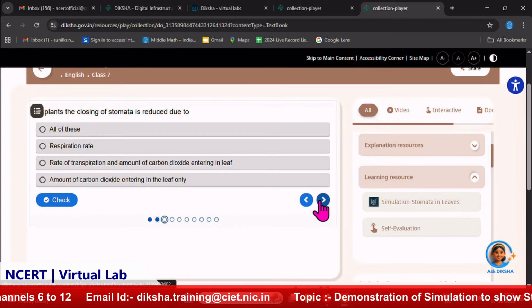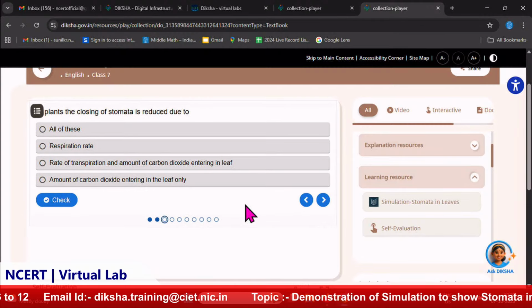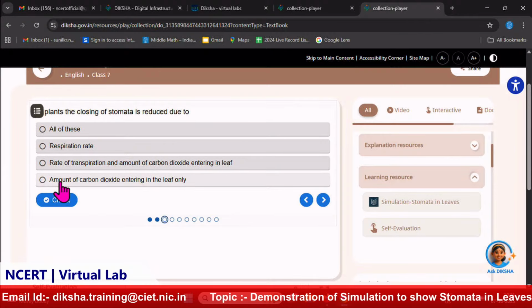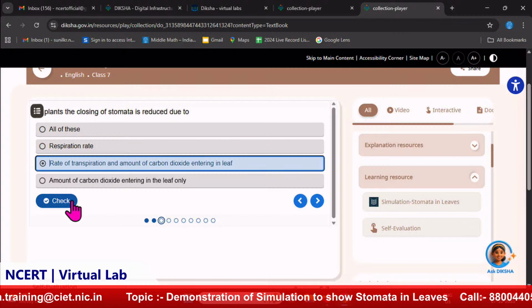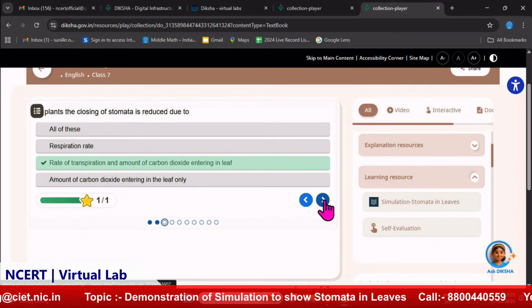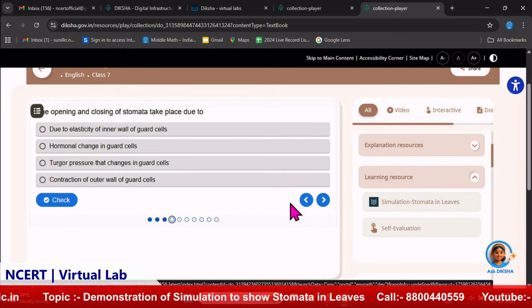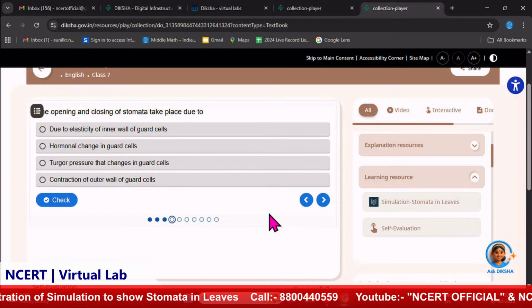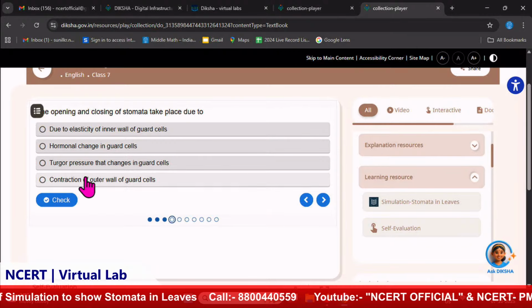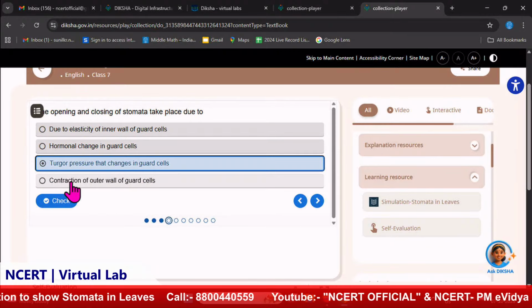Okay. Now, the closing of stomata is reduced due to the rate of transpiration and the amount of carbon dioxide entering the leaf. The opening and closing of stomata take place because of turgor pressure, which changes the shape of the guard cells.